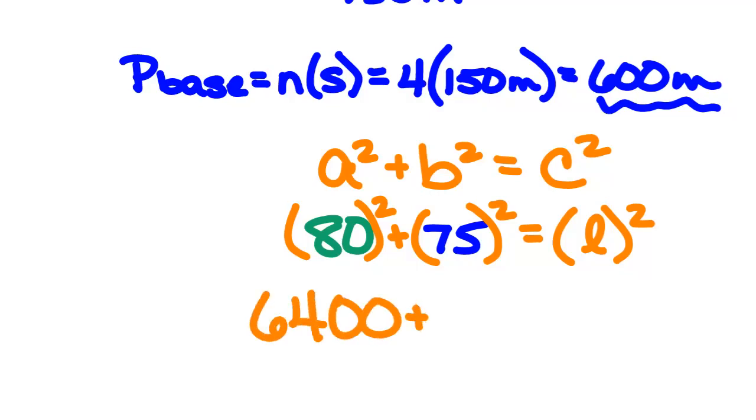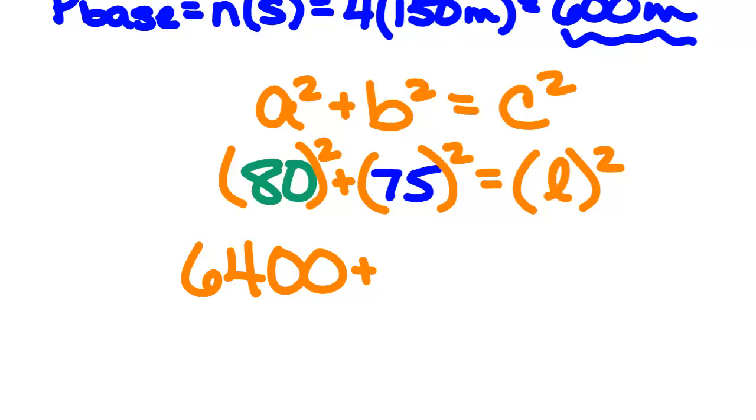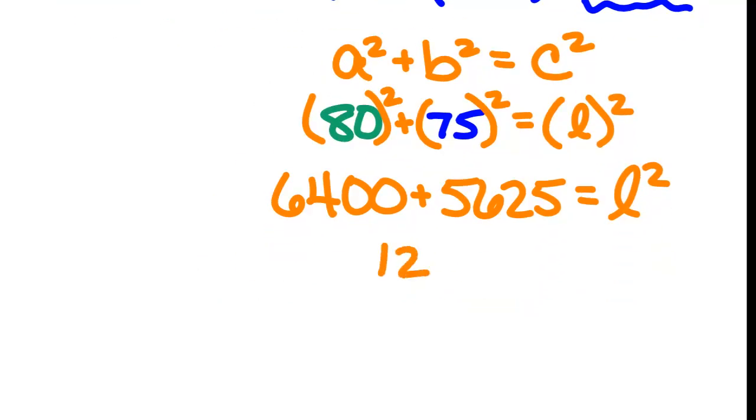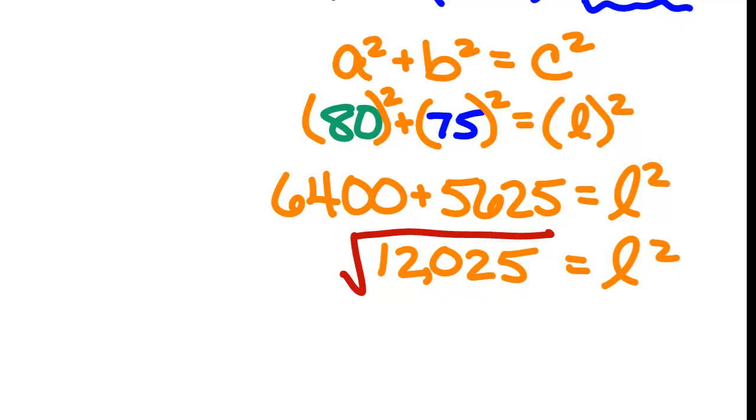What is 75 squared? 5625 equals my slant height squared. So then I add those two together, I get 12,025 equals my slant height squared.